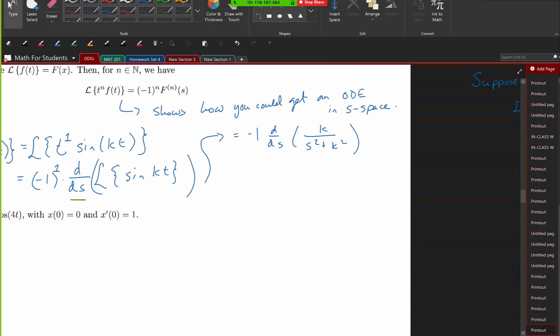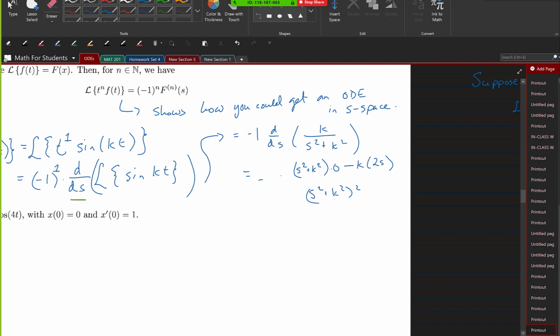So taking the first derivative of this expression gives me -1 times. Here I'm going to just do the old quotient rule. So here's the bottom times the derivative of the top minus the top times the derivative of the bottom all over the bottom function squared. And that minus 1 should be multiplied to the entire expression there.